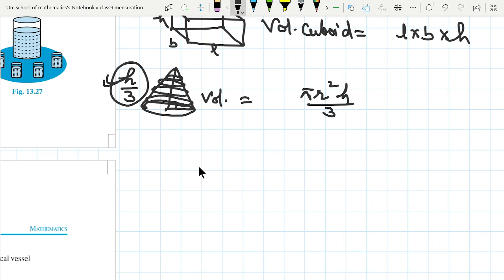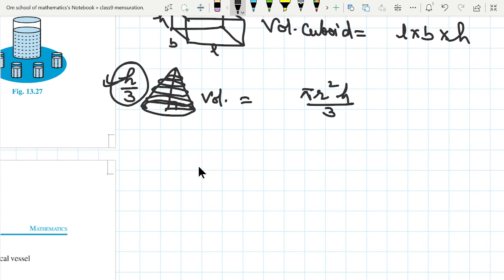Height is the radius here. So here it is 2 by 3 into pi r square into r. So it is pi r cube. So the volume of a hemisphere will be 2 by 3 pi r cube. Superb, 2 by 3 pi r cube.